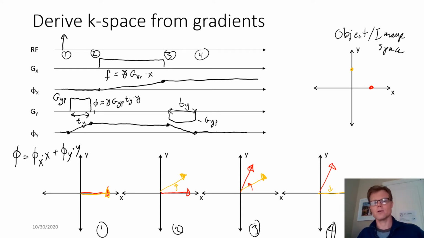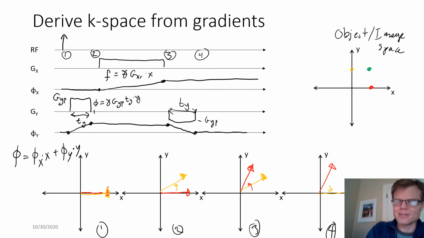When y is 0, we're only getting the effect of phi x. When x is 0, we're only getting the effect of phi y. And of course, we can have an object that has both an x and a y offset. It's going to get a little messy, but let's check it out. It gets some term from the y phase gradient in the first interval.